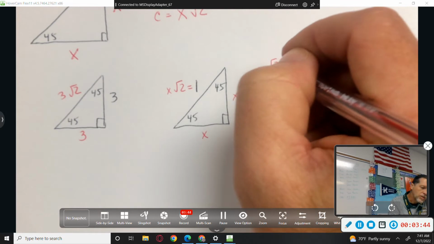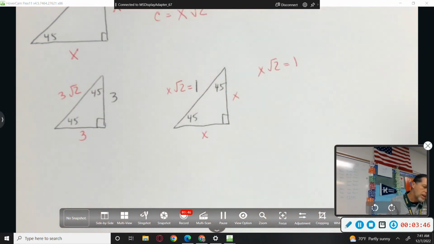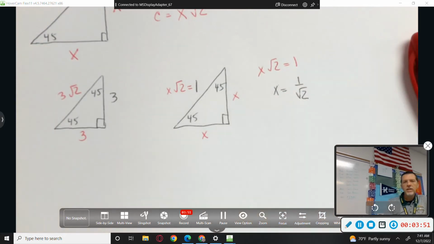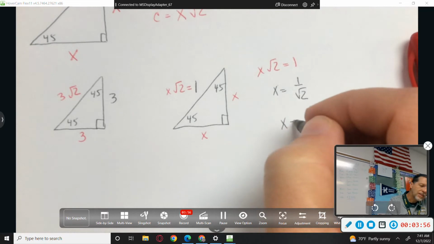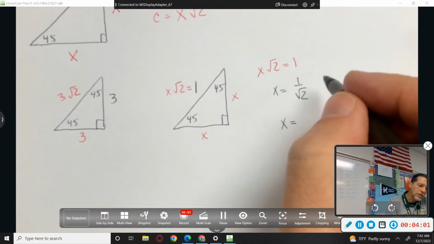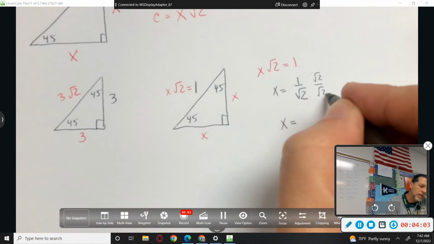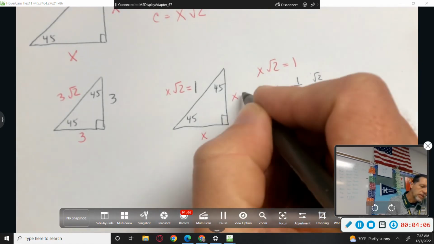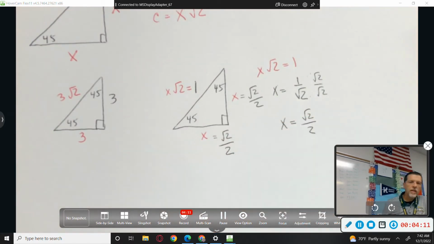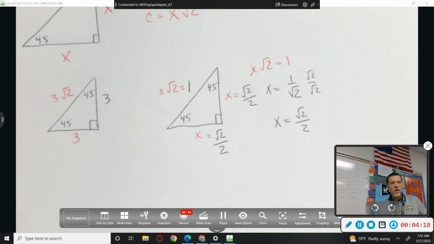So if X square root of 2 equals 1, then X equals 1 over square root of 2, but we don't like that. So if we fix that, multiply top and bottom by square root of 2 over square root of 2, we get root 2 over 2. Okay with that?